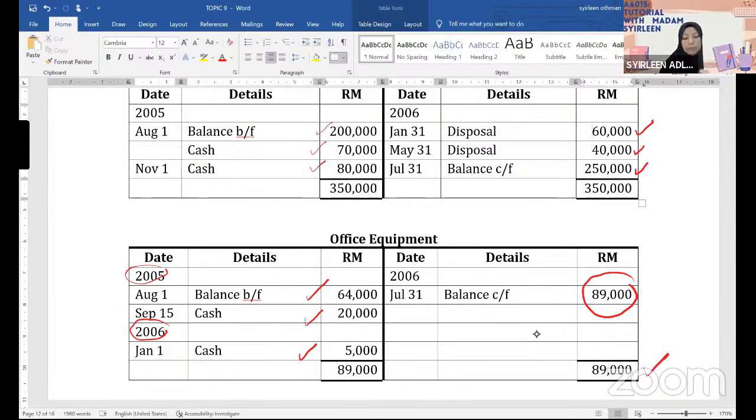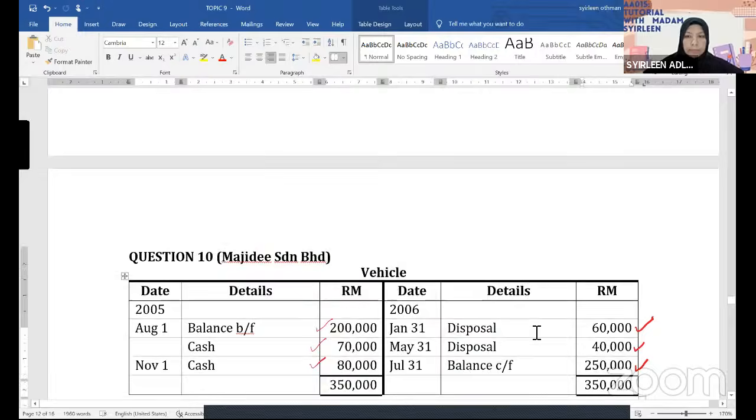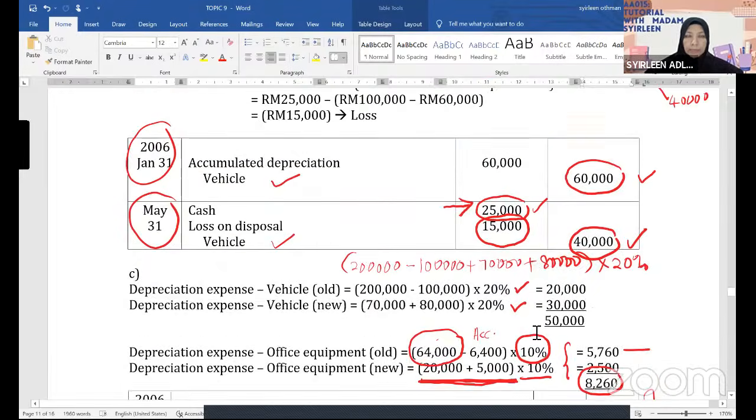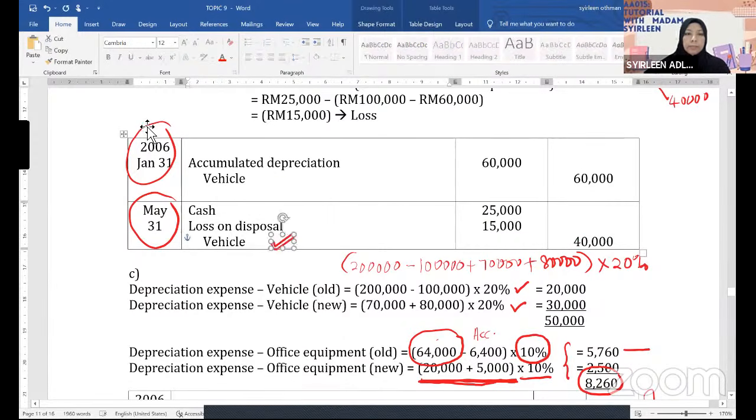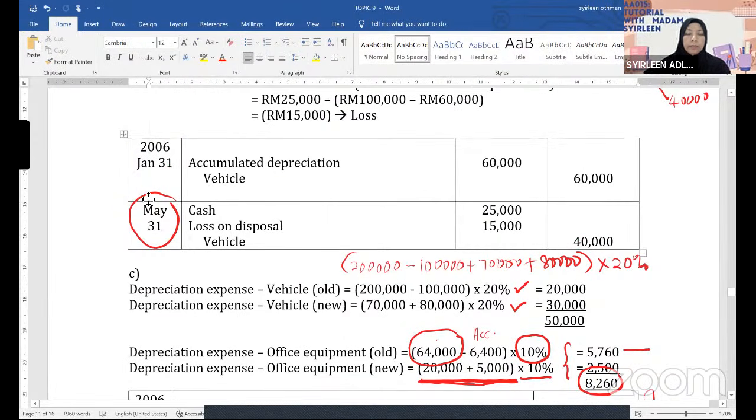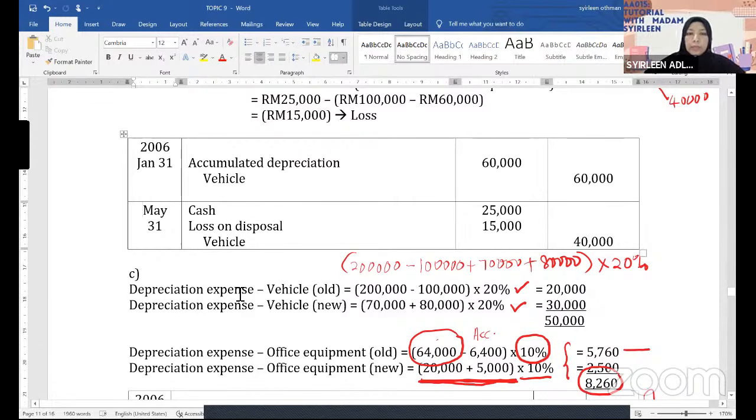Okay, so now kita akan catat untuk accumulated depreciation for the vehicle. Okay, I go back to my journal. Okay, apa yang ada dalam accumulated depreciation for my vehicles? Okay, I'm going to clear up this. Nampak a bit messy. Okay, dalam accumulated depreciation for the vehicle, okay, you're going to have one entry here, 60,000.